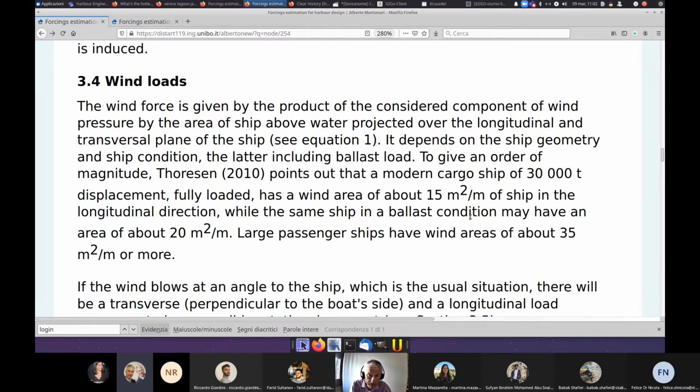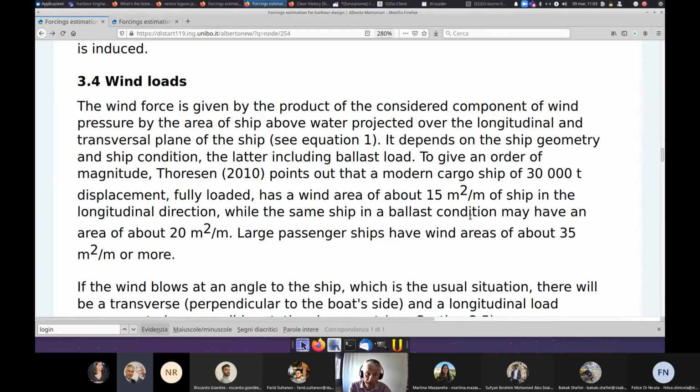So you take the length between perpendiculars, and if you take the total longitudinal area exposed to wind of the ship and divide it by the length between perpendiculars, you get something like 15 square meters per meter of longitudinal length.